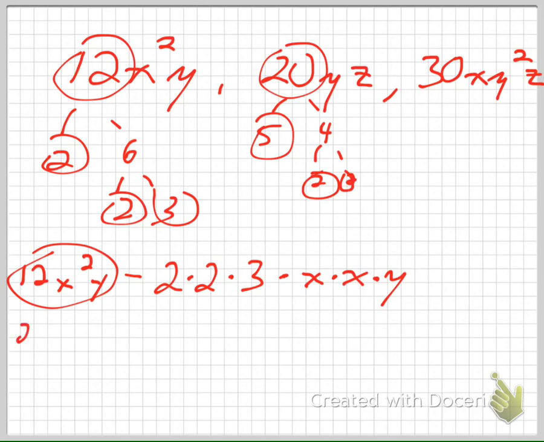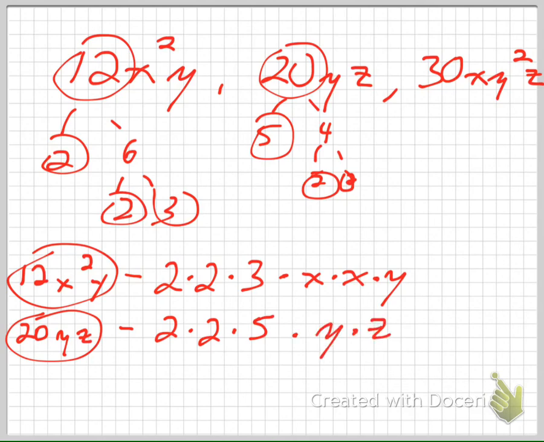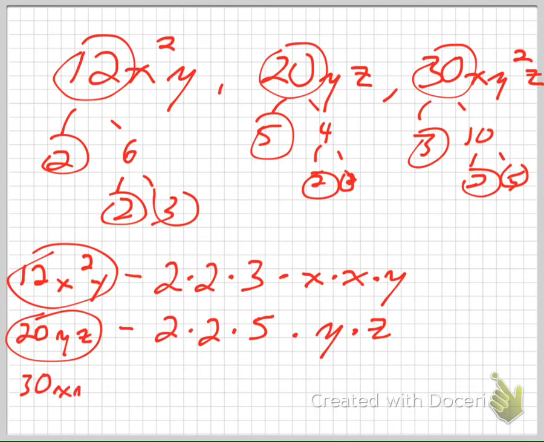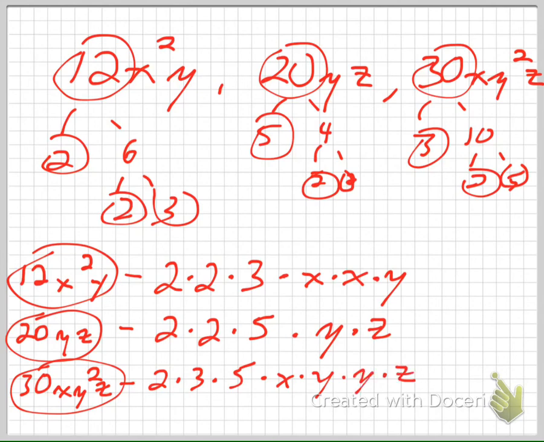So 20yz is 2 times 2 times 5 times y times z. Prime factorization of 30 is 3 and 10, which is 2 and 5. So 30xy squared z is 2 times 3 times 5 times x times y times y times z.